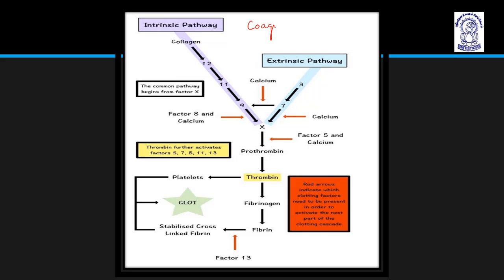The blood coagulation, scientifically known as hemostasis, is followed by two types of pathway. One is the intrinsic pathway and the other is the extrinsic pathway. There are 13 clotting factors. We discussed all the clotting factors in the previous lecture.